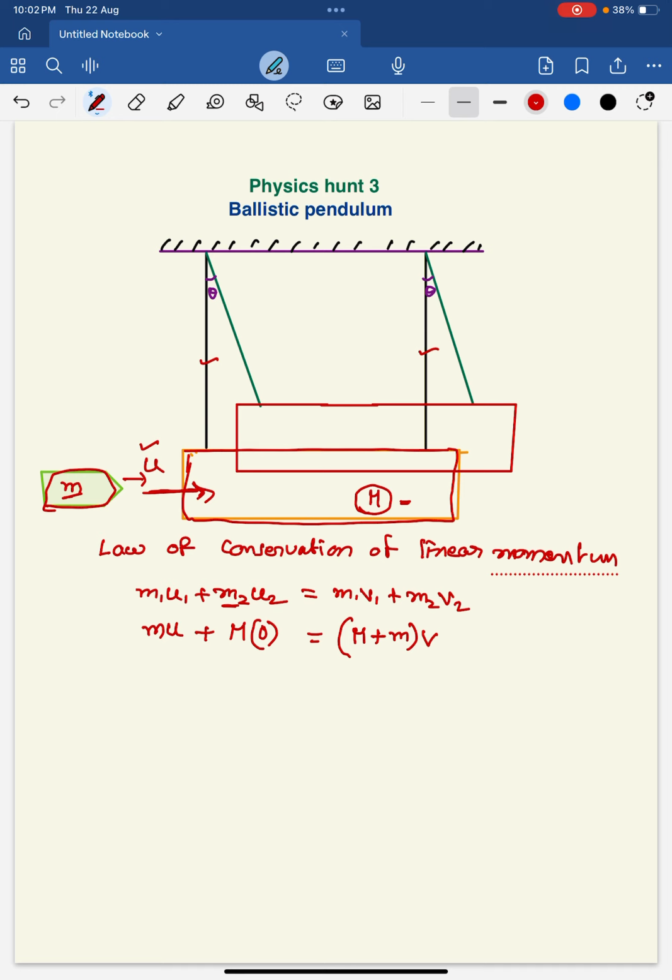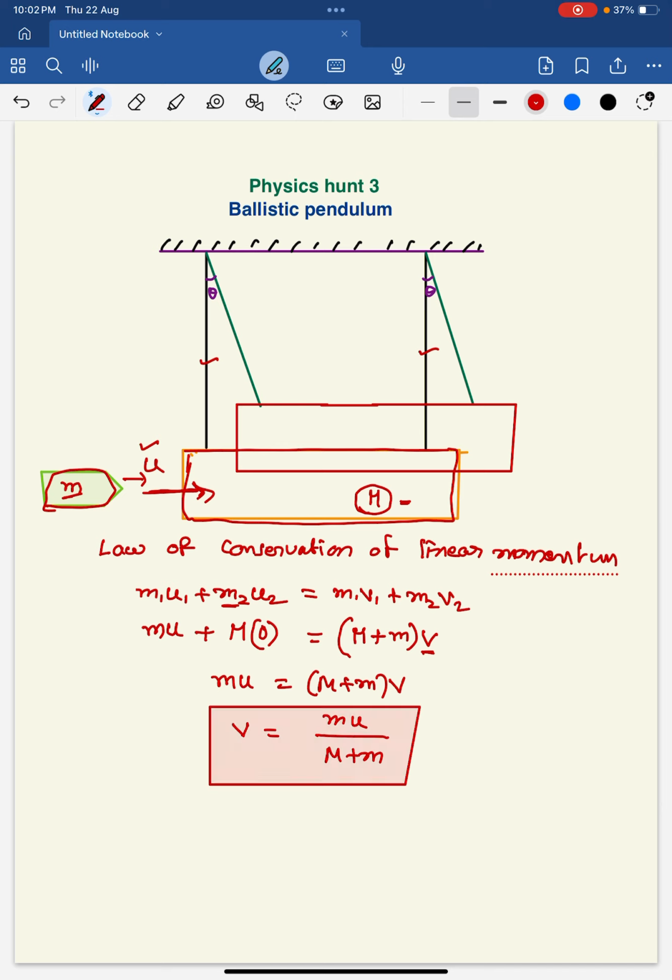So v is nothing but the common velocity. Let's see the next step: mu is equal to capital M plus small m into v. Bring this to the left side, v is equal to mu by capital M plus small m. Let us assume this is equation number 1.